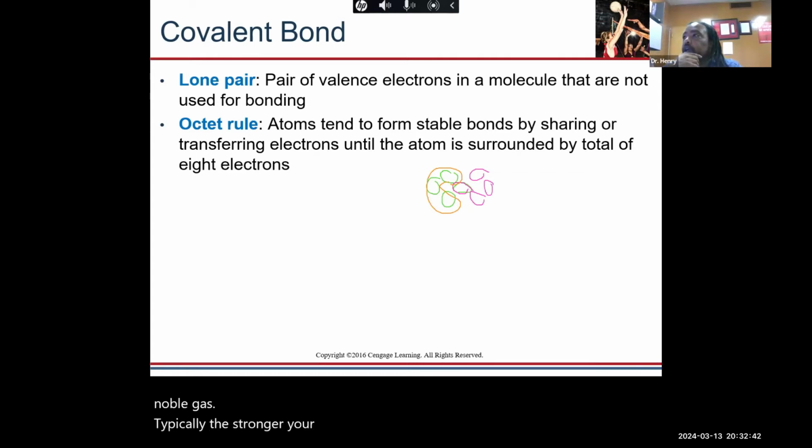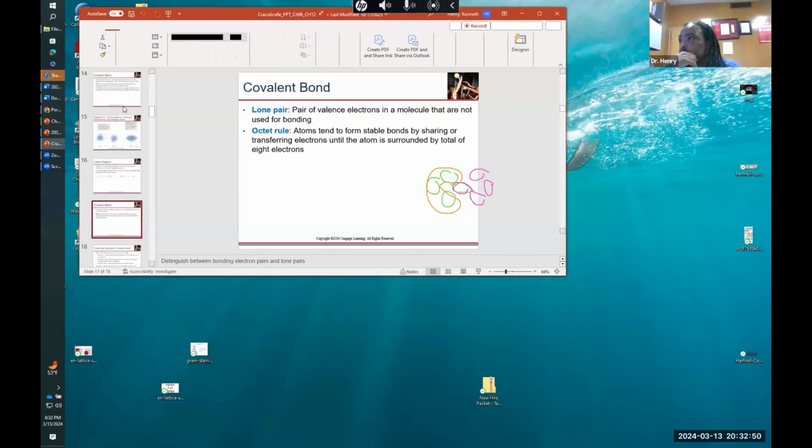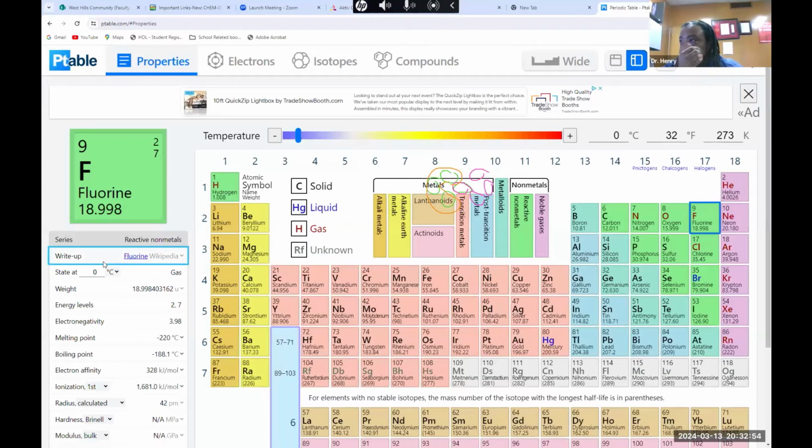So if we have the periodic table here, these atoms are close to being a noble gas, so they typically have a stronger pull. Oxygen is close to being a noble gas, so it has a stronger pull.